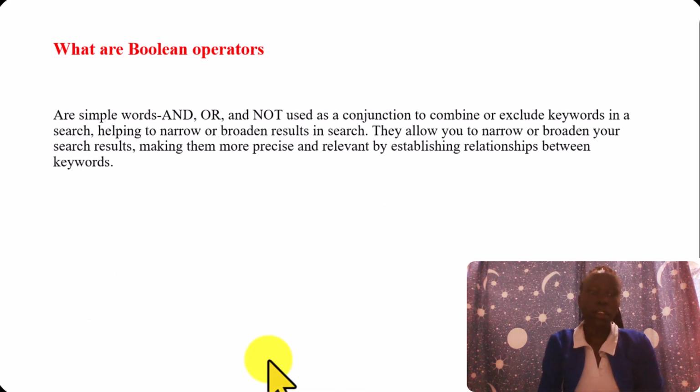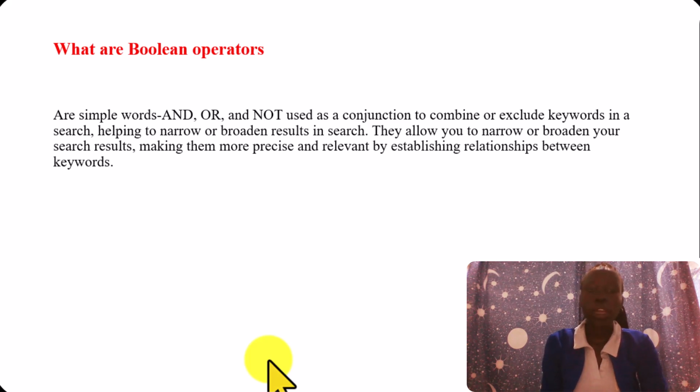Let us start by defining what Boolean operators are. They are simple words, like the AND, the OR, and NOT, used as a conjunction to combine or exclude keywords in search.